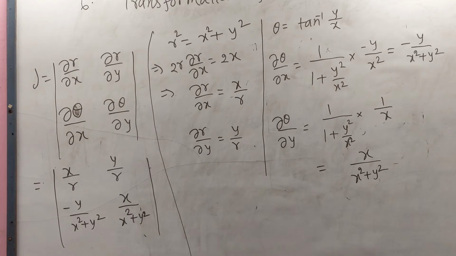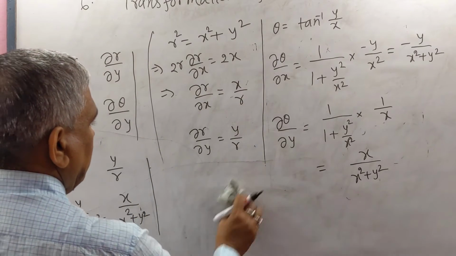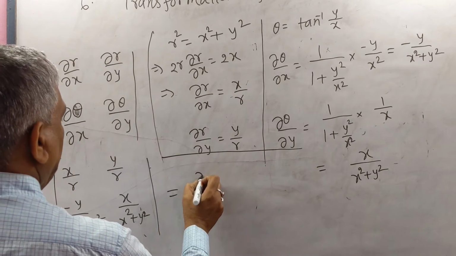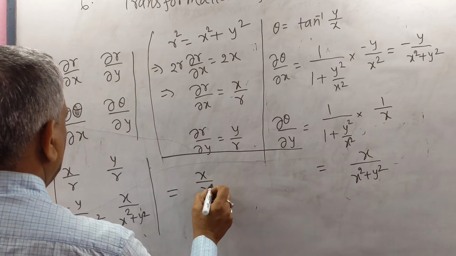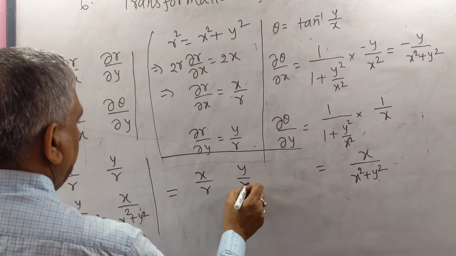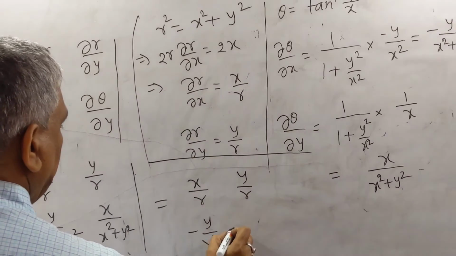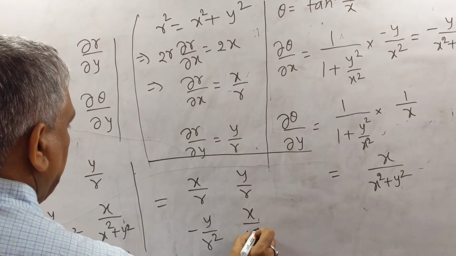We can write this as equal to x by r, y by r, minus y by r square, x by r square.